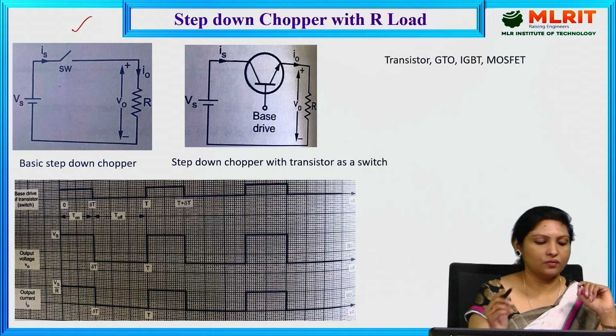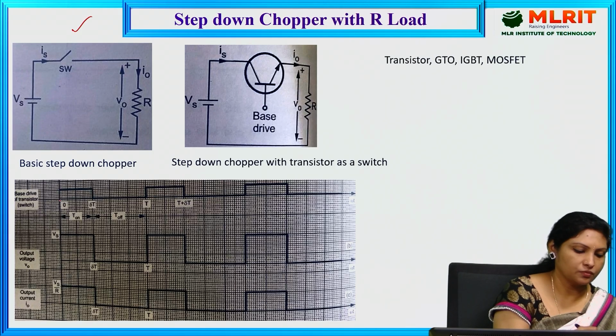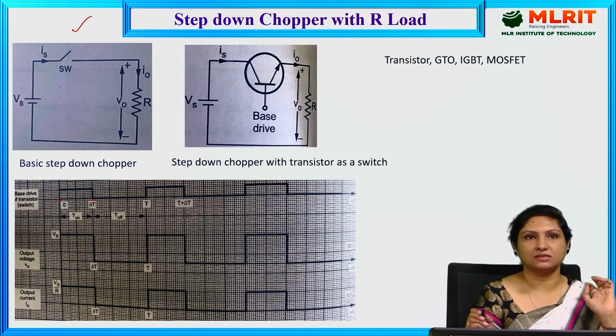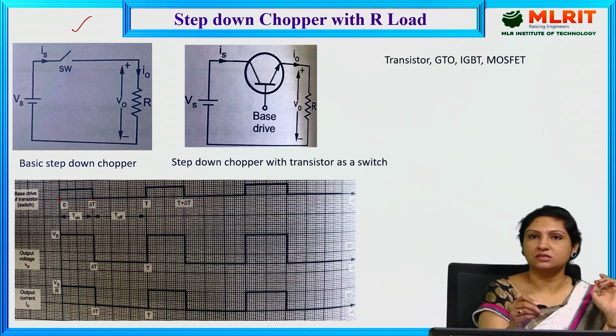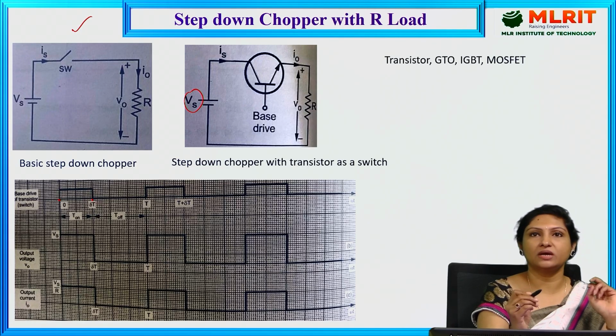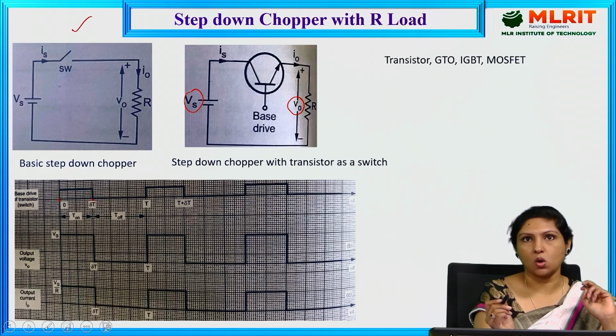Here we are providing the triggering pulse right from this instant called 0. From 0 to delta T, we are providing the base drive required by the transistor, and at that instant the transistor will be on. And when the transistor is on, whatever the supply voltage which we are feeding will appear across the load.